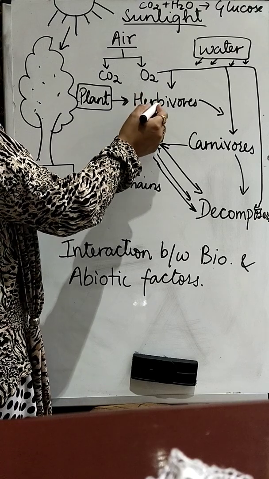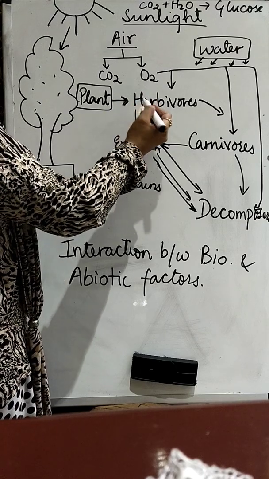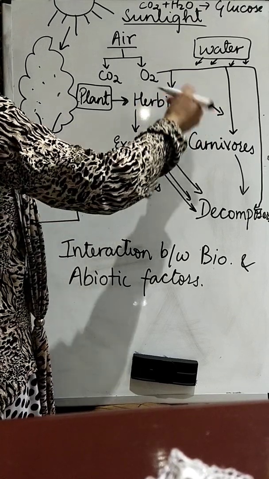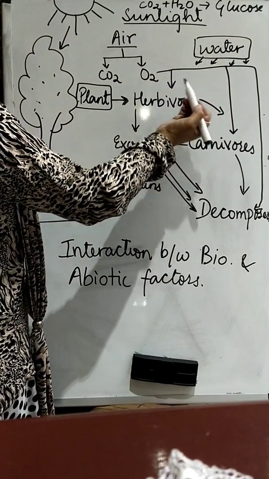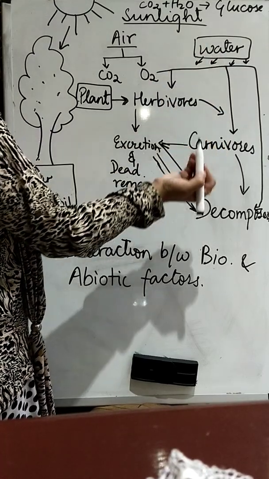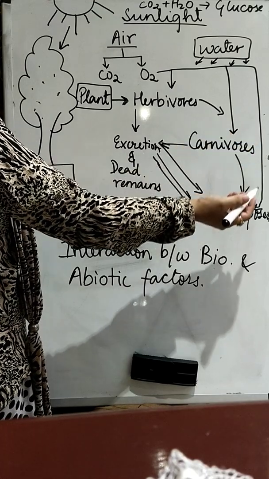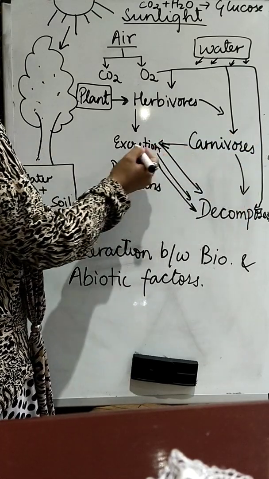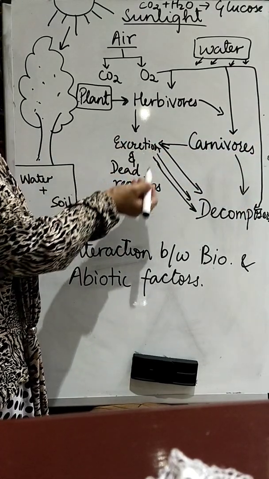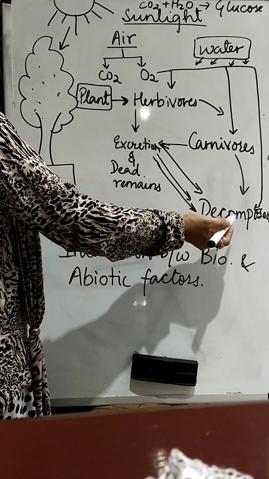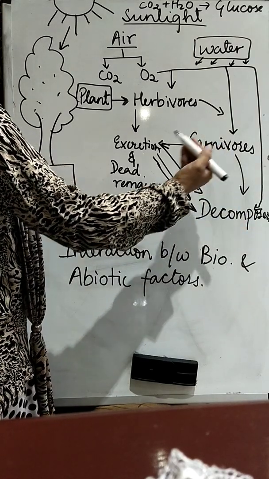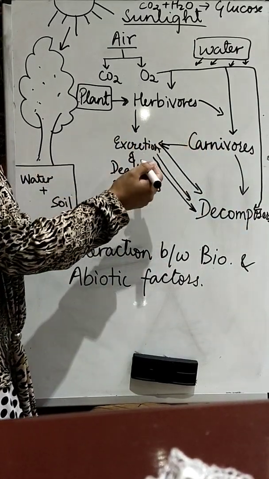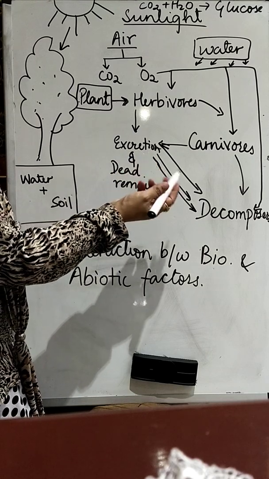Herbivores are the plant eating animals, and now these plant eating animals in turn are eaten up by carnivores, and the excretion and dead remains of carnivores are eaten up by the decomposers, who decompose this animal waste to get their food.